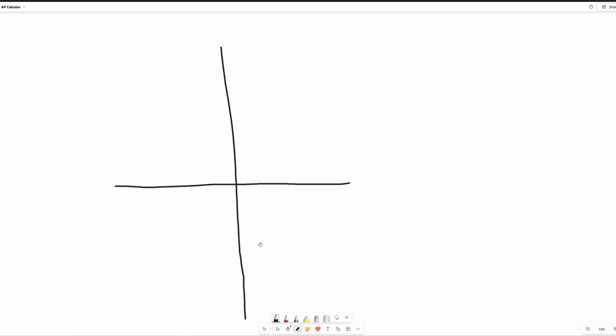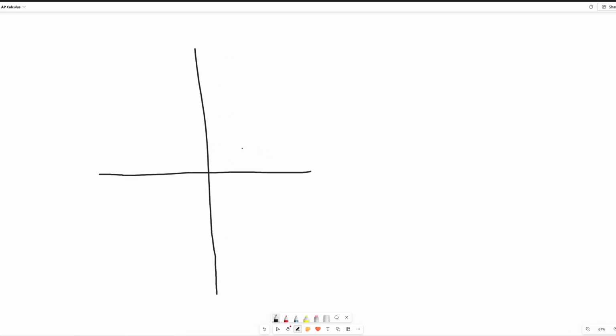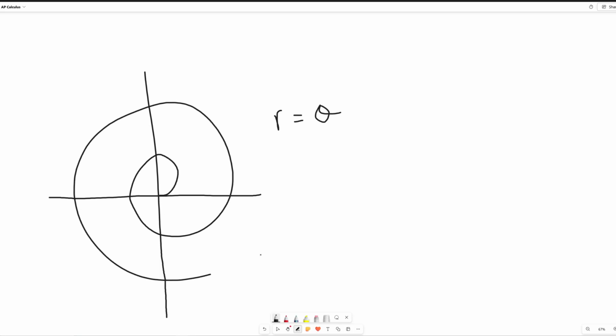So, you can find Cartesian coordinates from a polar graph too. You can convert them by doing the x-coordinate is r times cosine theta, and then the y-coordinate is r times sine theta. So, if you have a function like r equals theta, which is going to look like a spiral, right?